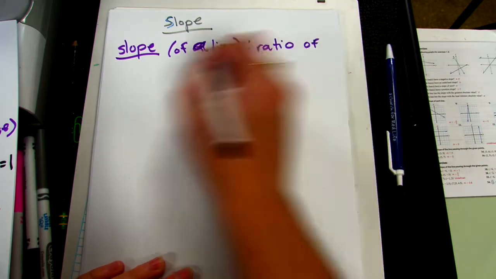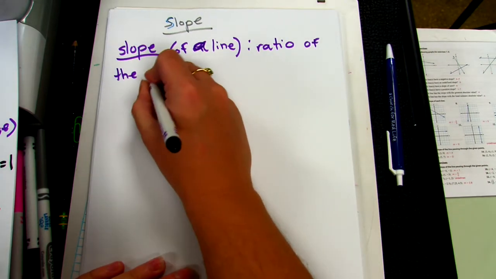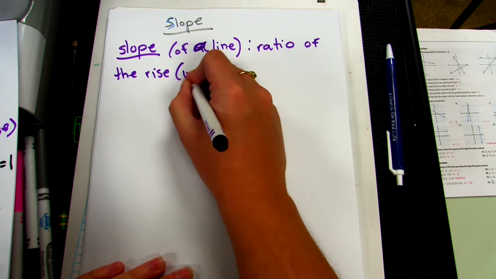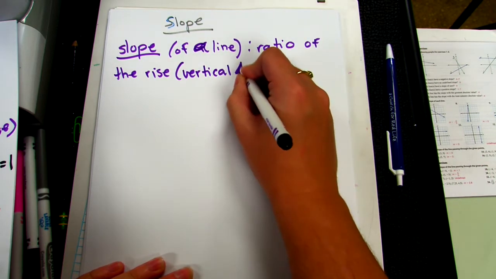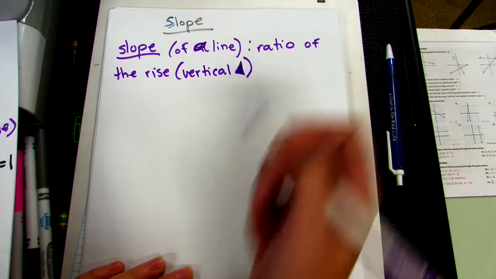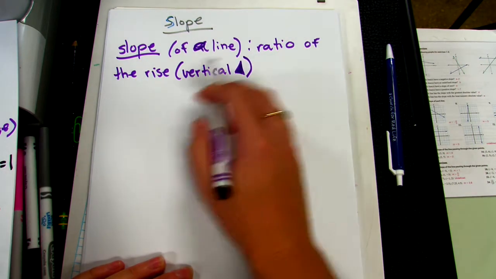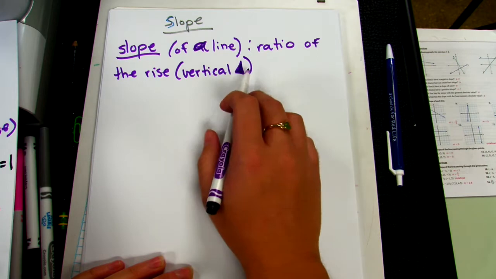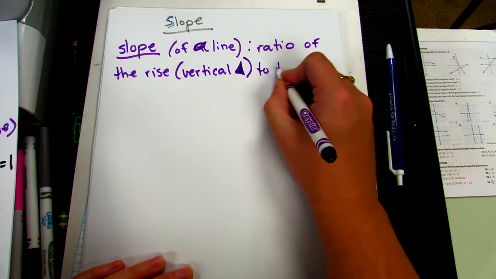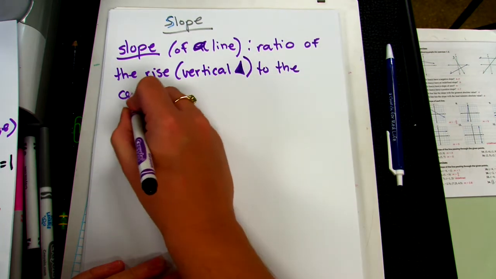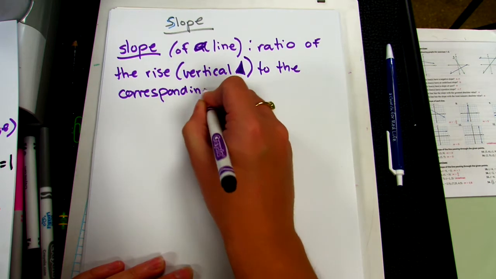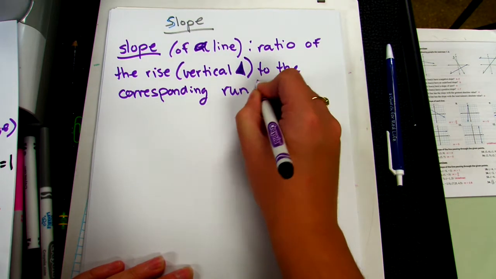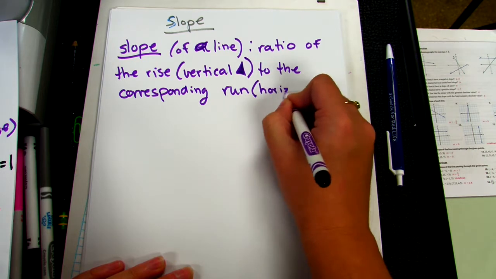Ratio of the rise, which is the vertical change. Remember the little triangle means change. So the slope is the ratio of the rise, your vertical change, to the corresponding run, which is your horizontal change.